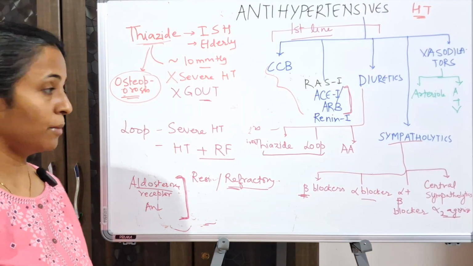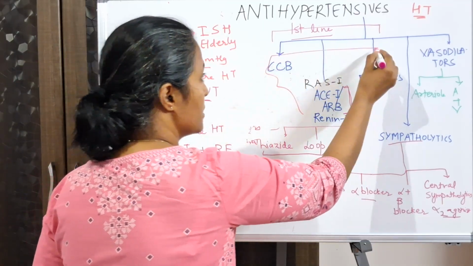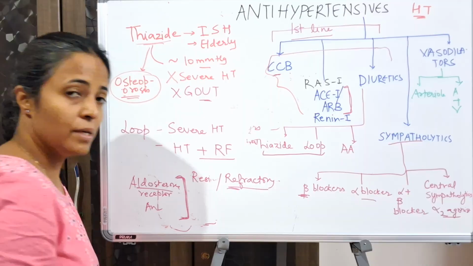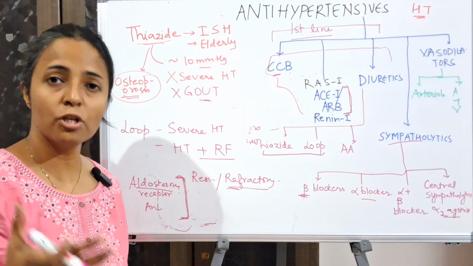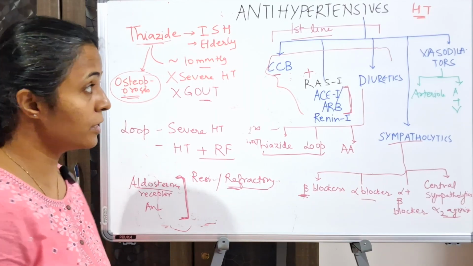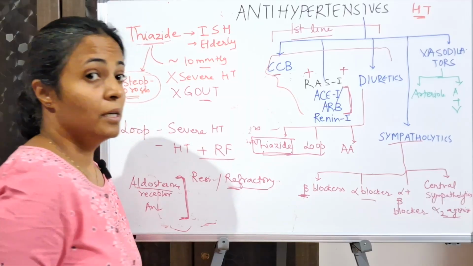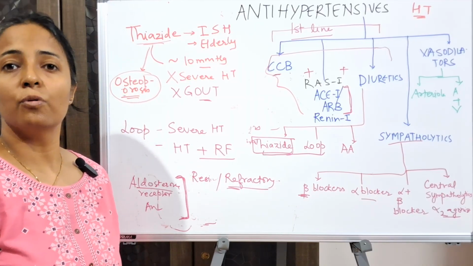See, we have said these are the main agents. Now suppose you added a CCB, the patient did not respond, you are not achieving the target goal. You add the ACE inhibitor, still not achieving the target goal. You add the thiazide diuretic. Still not achieving the target goal. What to do?